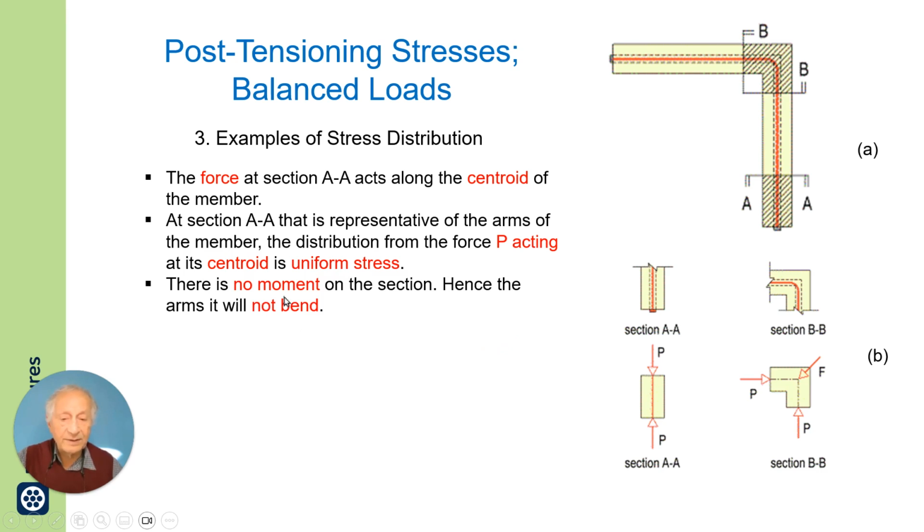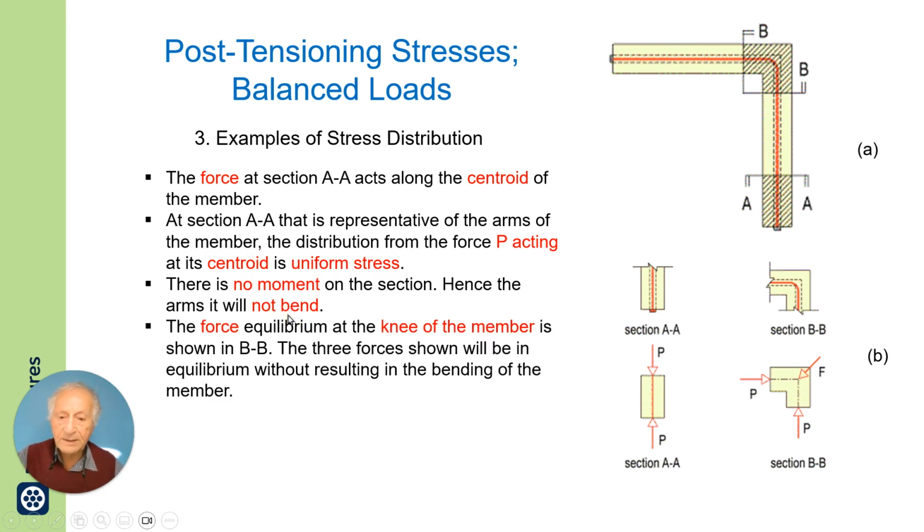There is no moment on the section, hence there will be no bending. At the knee of the member, shown in BB, the three forces shown will be in equilibrium.